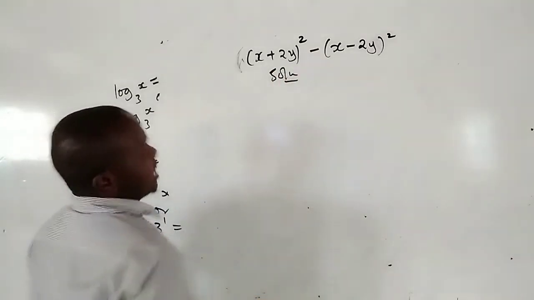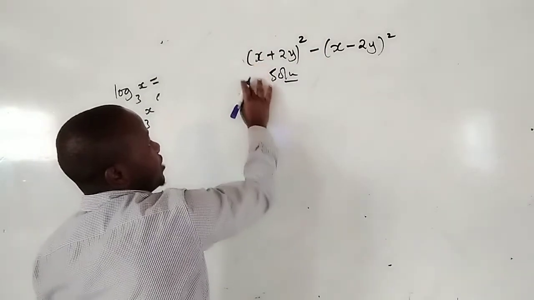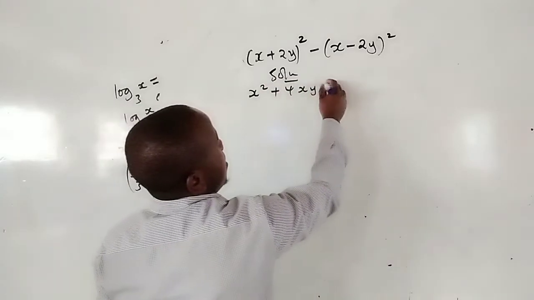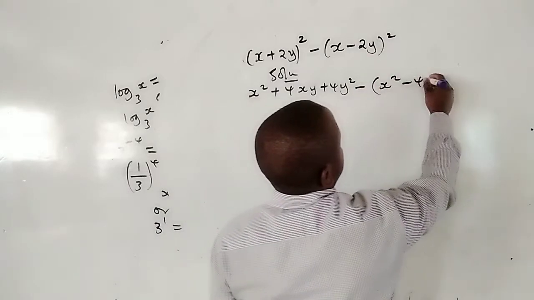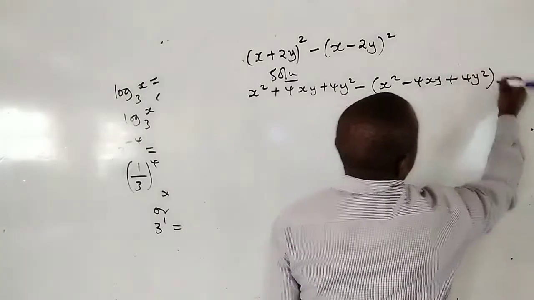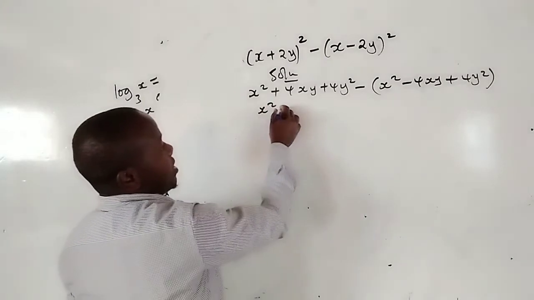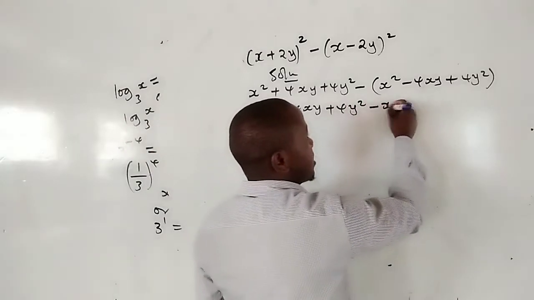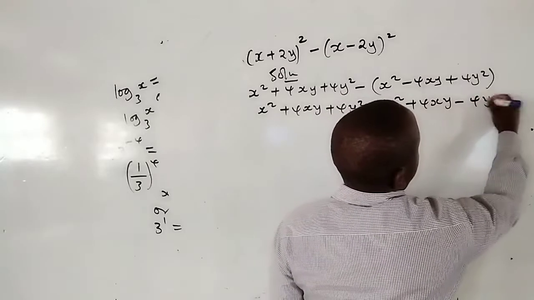So you can open independently this one and this one, then you subtract and group like terms together. This is x squared plus 4xy plus 4y squared, minus x squared plus 4xy minus 4y squared.